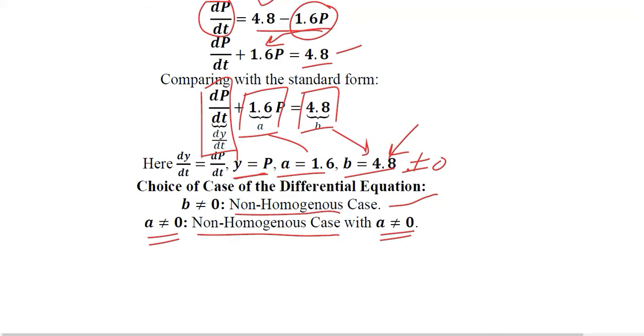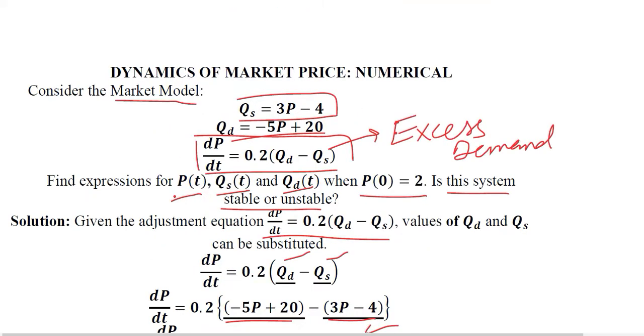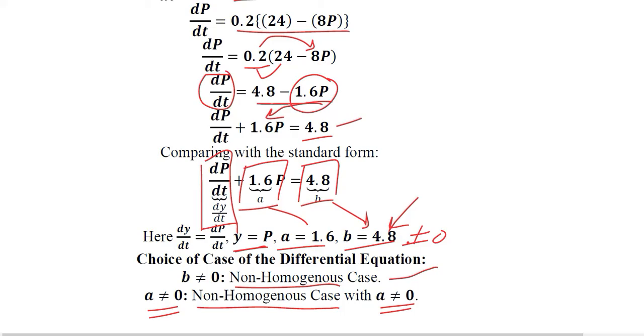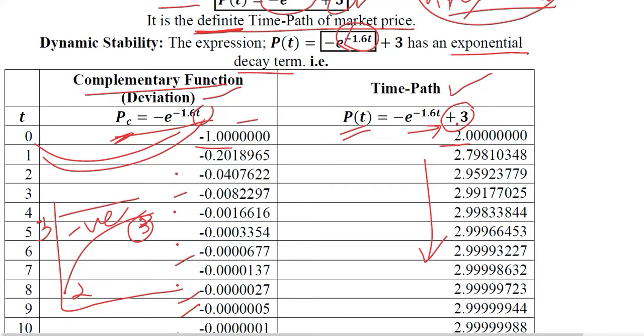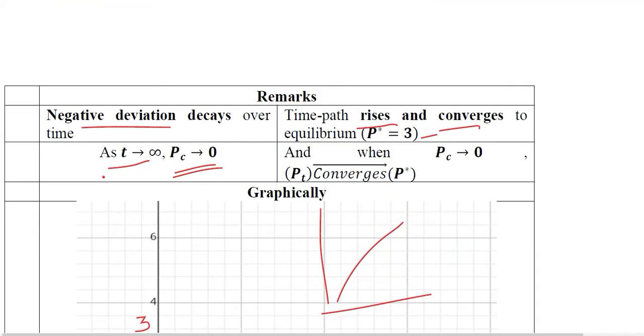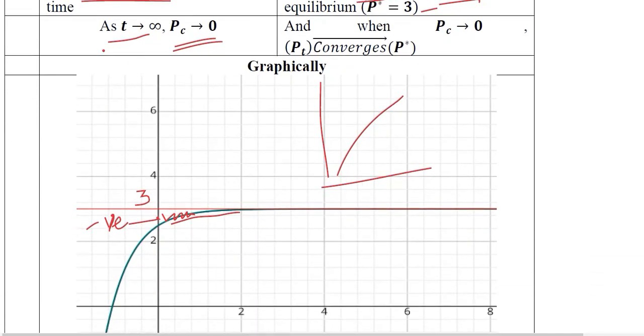As you can see, we solved it by using all the given information, simply by using the formula, and then we developed a table in which we used some hypothetical values of t, which enabled us to have some values of complementary function as well as the time path, which enabled us to make a diagram of it, and that diagram verified that there is convergence and we are rising from below and reaching that point where there is convergence.